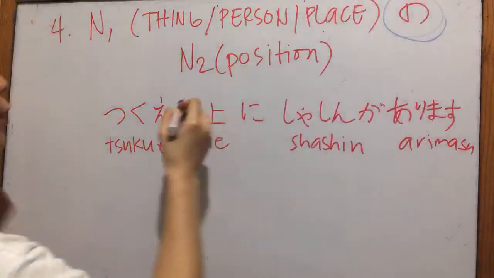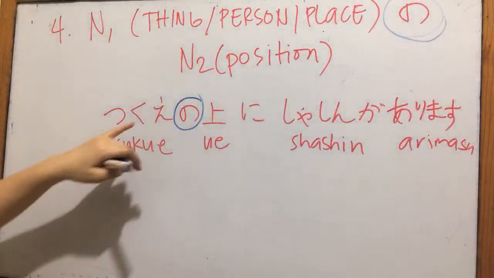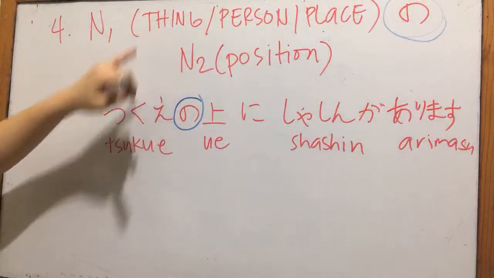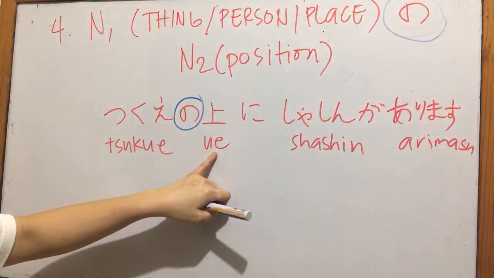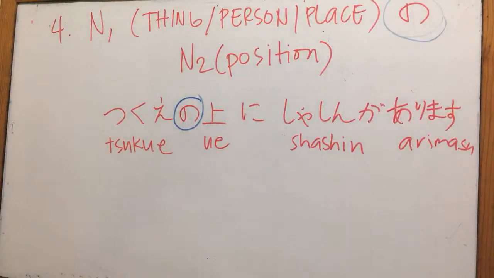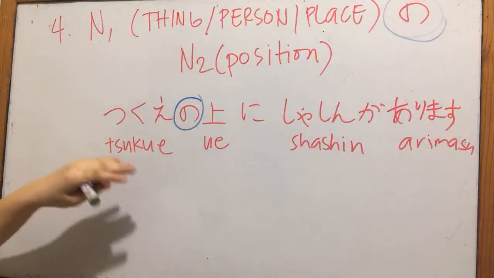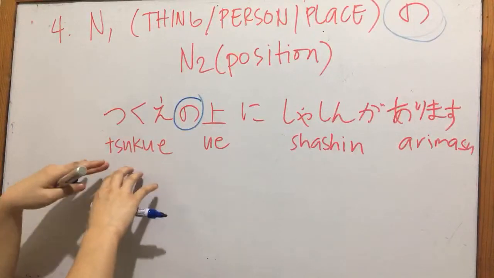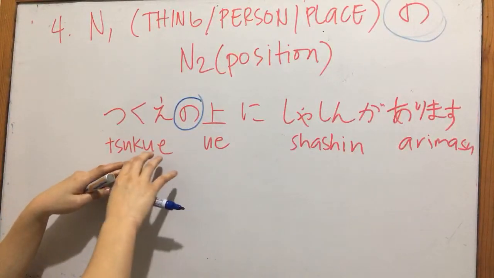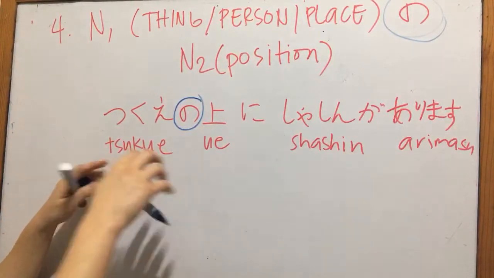Particle no. So, tsukue is the thing. Tsukue is desk. No ue, so, above, or on the desk. Tsukue no ue. In Tagalog, that's sa ibabaw nung lamesa, nung desk mo.